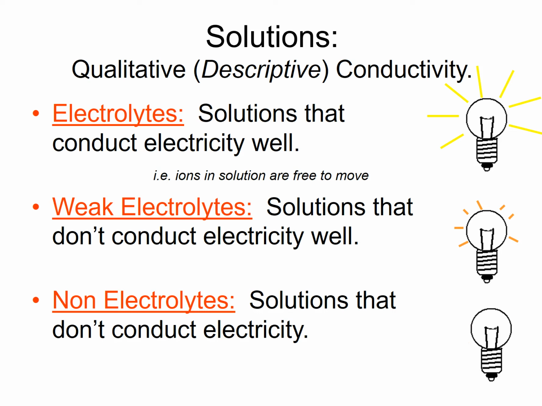And in the case of our glucose dissolved in water, why, the bulb didn't light at all, and therefore it's a non-electrolyte. So this light bulb experiment not only tells us about ions, but also lets us attach labels to these different types of solutions. We have an entire range from electrolytes through the weak electrolytes, and then finally the non-electrolytes that don't conduct electricity at all.